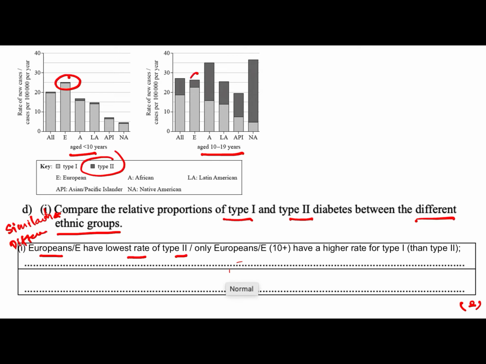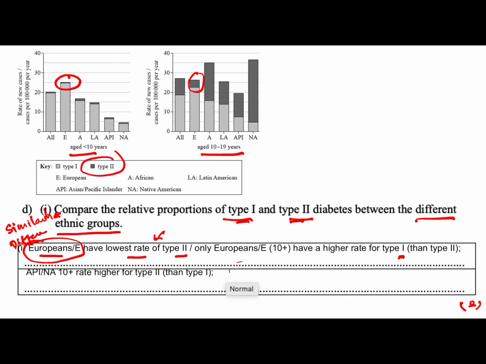You can see here, lowest in both. But they have a higher rate of type 1. So you are comparing from European, lowest rate in type 2 but highest rate of type 1. You are comparing type 1 and type 2 in this case, or you can take any other as well.